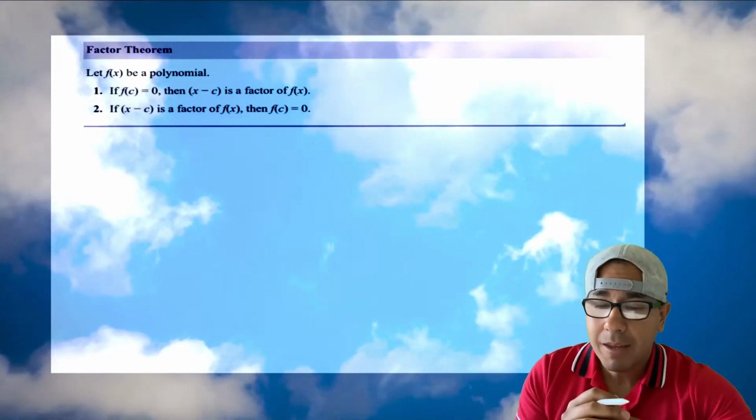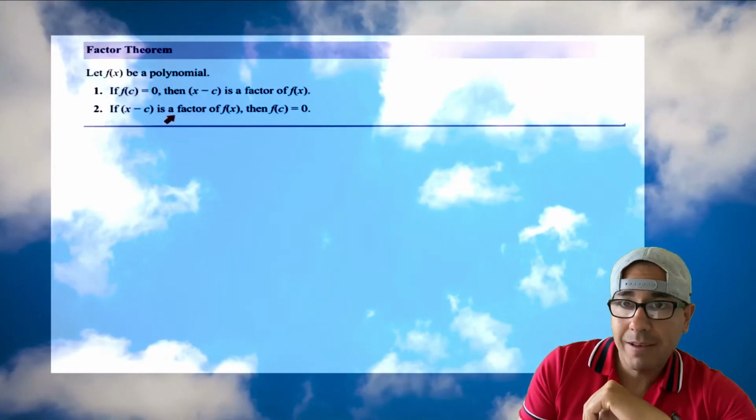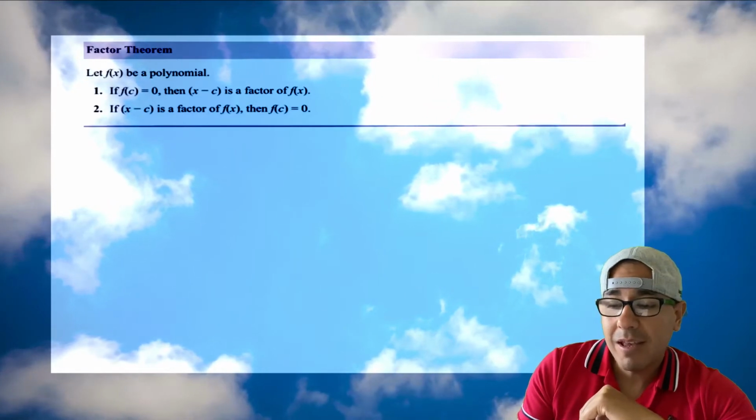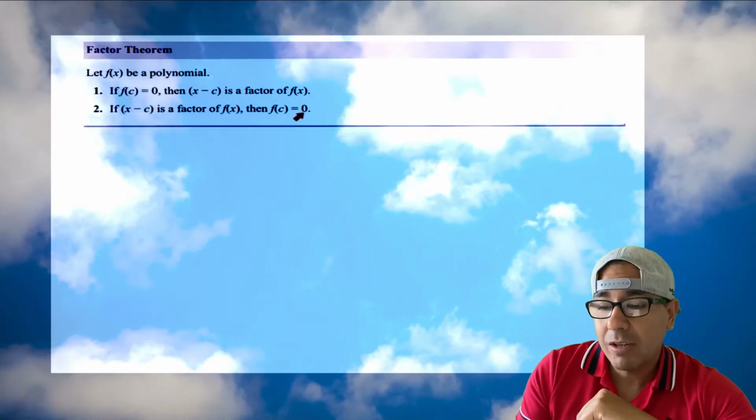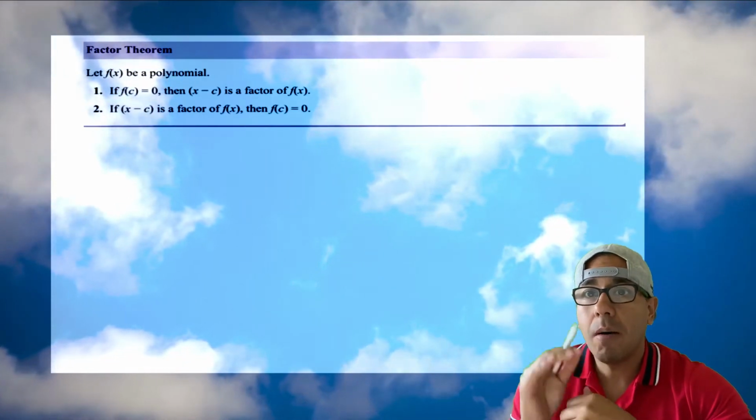Likewise, if x minus c is a factor of f of x, then f of c equals 0. All right, what does this all mean?